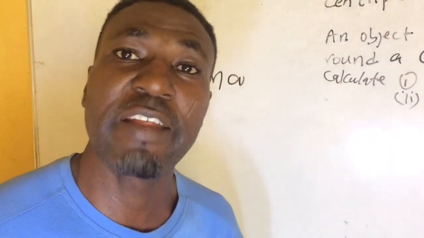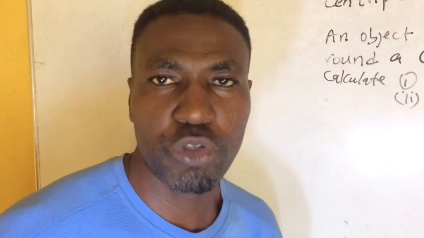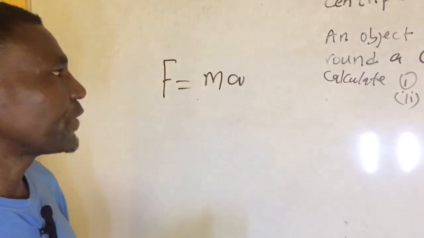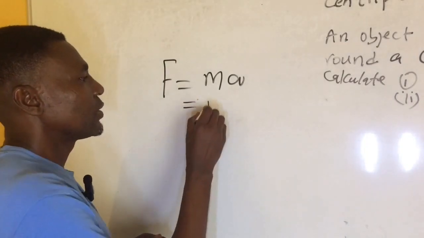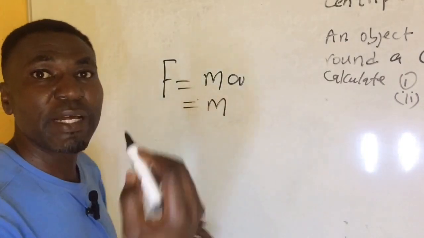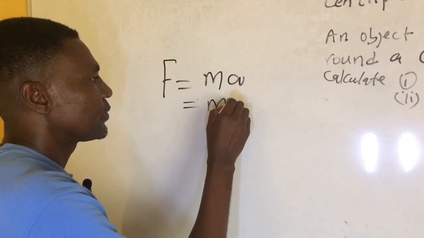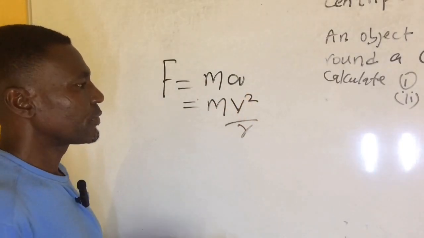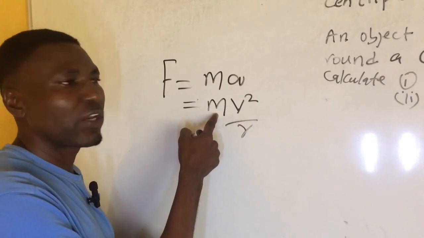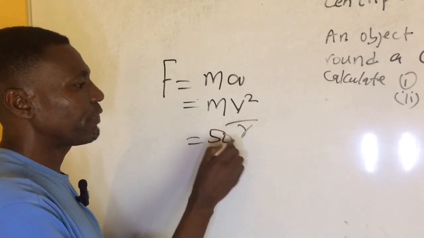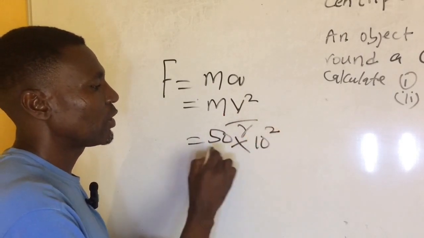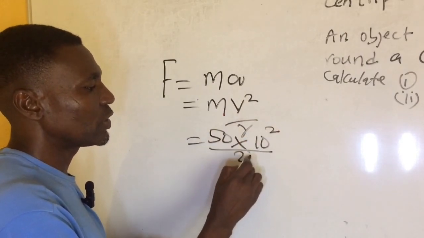Like in this question, they are referring to acceleration of the circular motion. They have given us the mass, which is 50. Then our acceleration, remember the formula, v squared all over r: 50 times 10 squared all over 20.